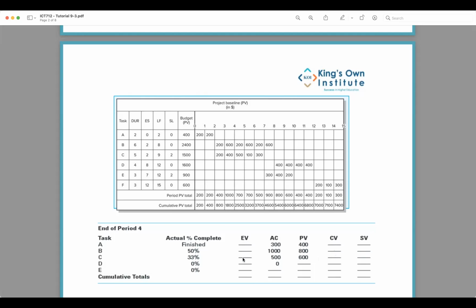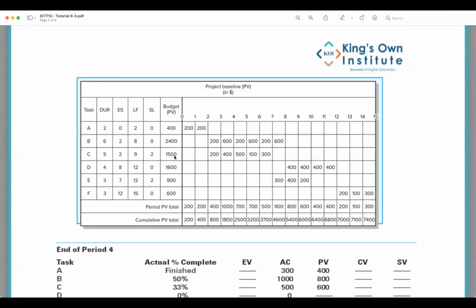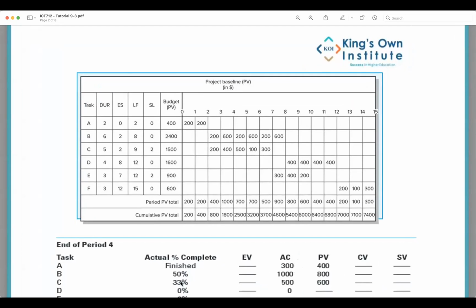Okay, what about this one here? 1,005. Okay, let's stop. This is where the mistake is. 33% of the work is done. That's 33% of what? 30% of 5,000. Okay, yeah. That's 1,500, not 5,000. So 33% of 1,500 is what?